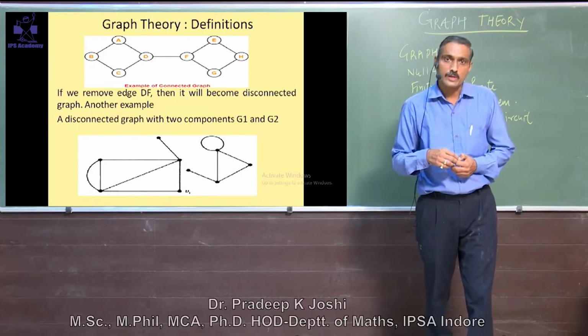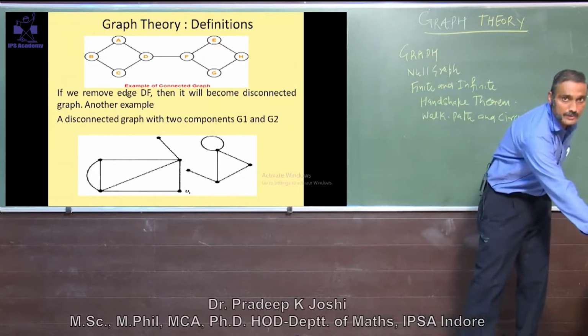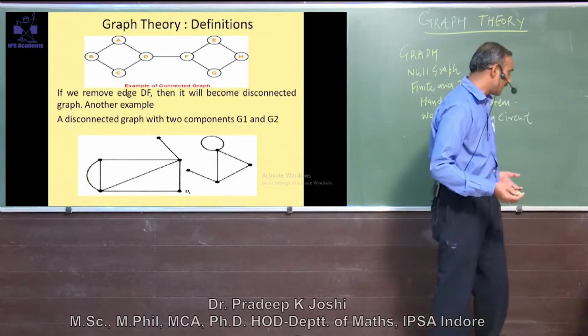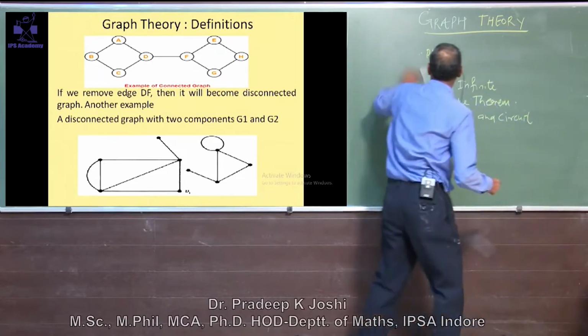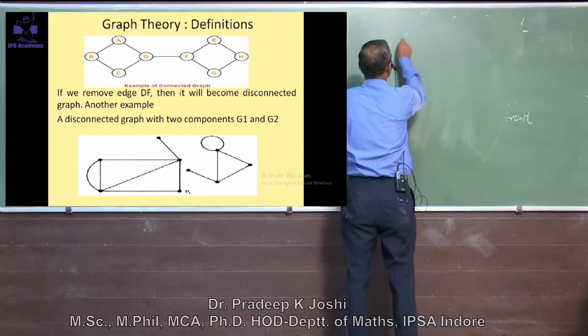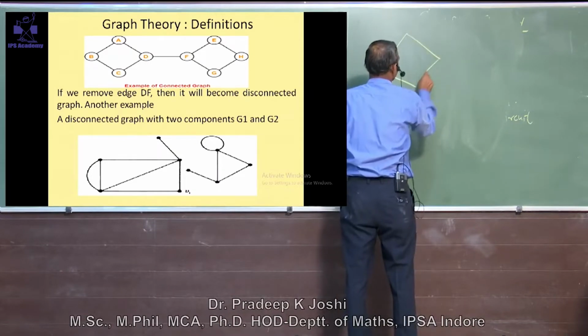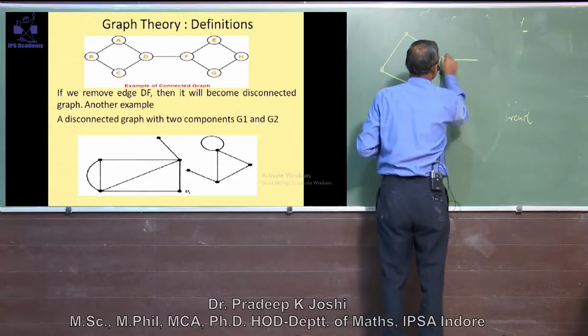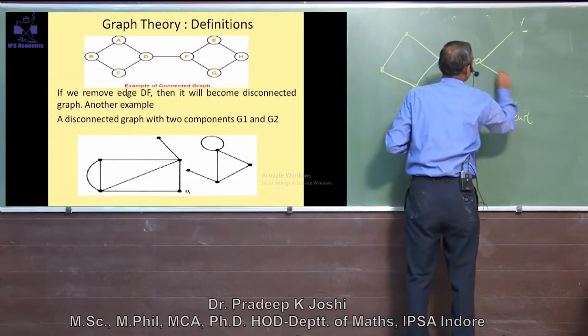So it is a connected graph. If we remove the edges B to F and D to F, the graph will become disconnected. A simple example: suppose we have 4 vertices here, and one edge is connecting with this graph.